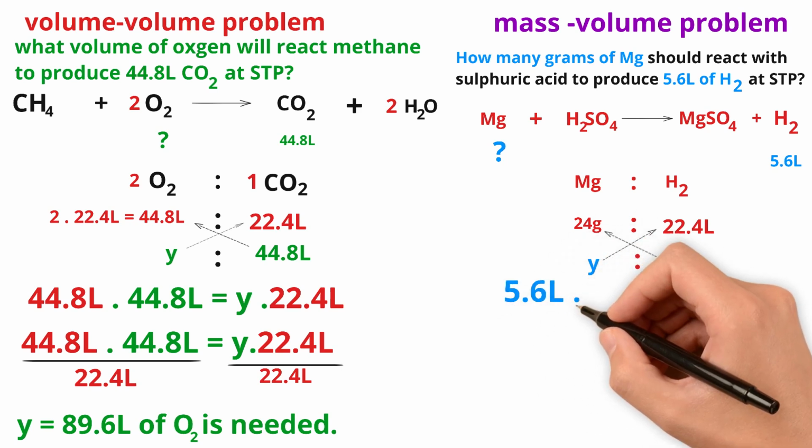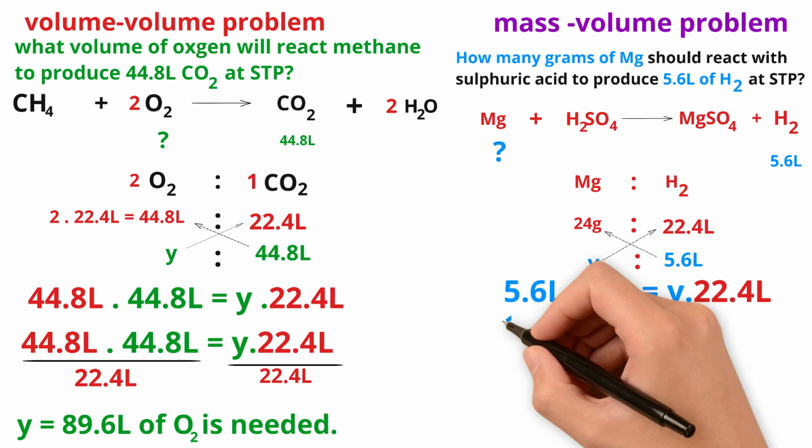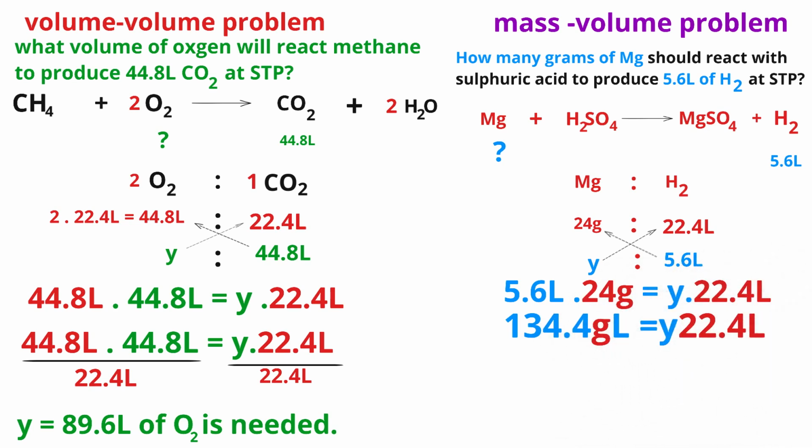Let's say that's Y. Now let us cross multiply. 5.6 liters times 24 grams, which is 134.4 gram liters, is equal to Y times 22.4 liters. Now let us divide both sides by 22.4 liters.